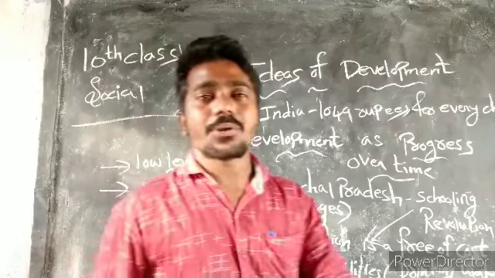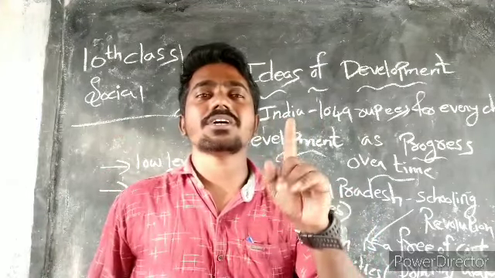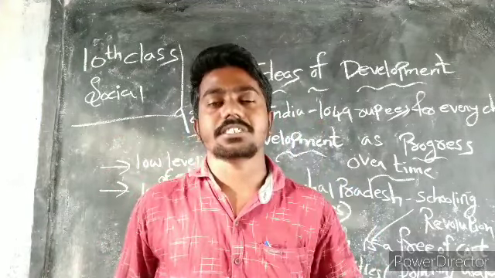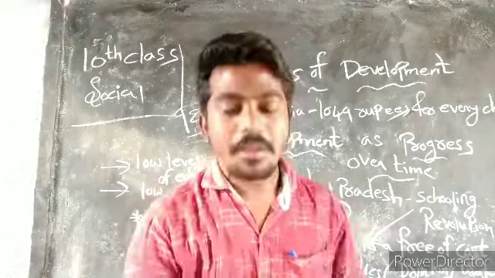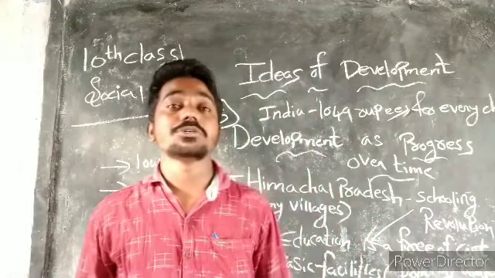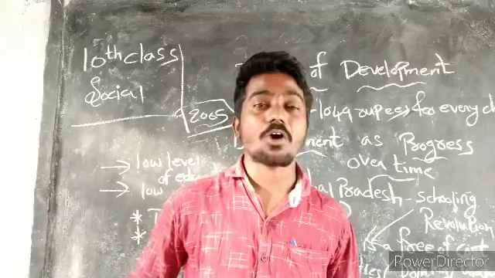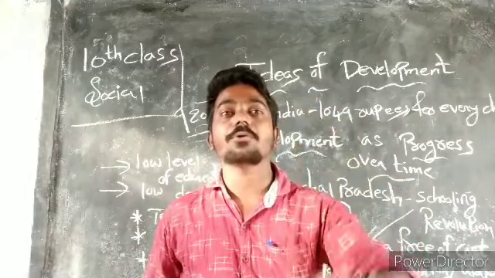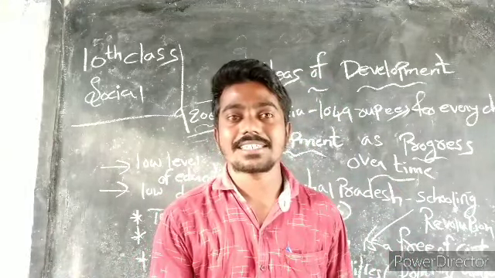Our total Indian government was paying only 1049 rupees for every child, but Himachal Pradesh was paying 2005 rupees. You see how much importance the government is giving to education.